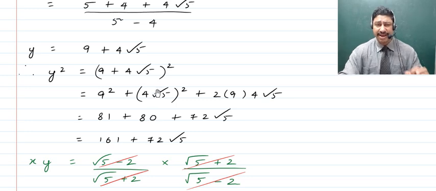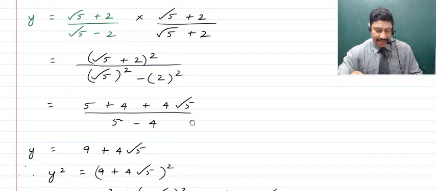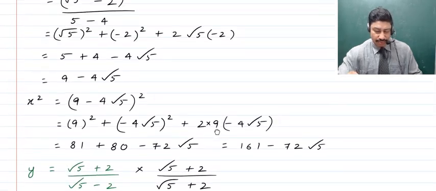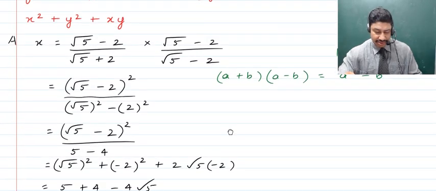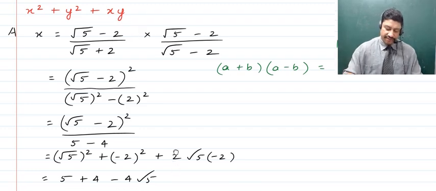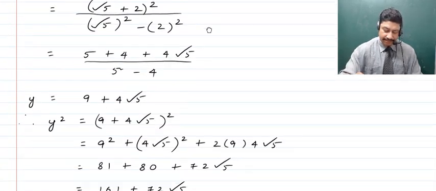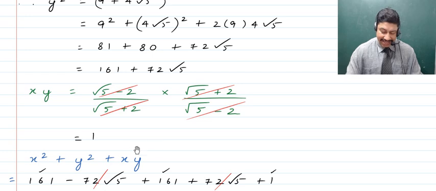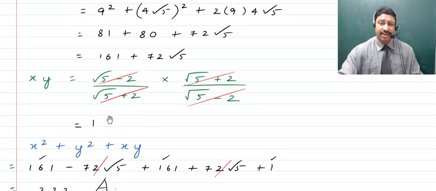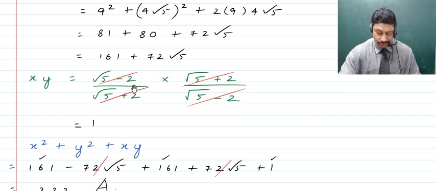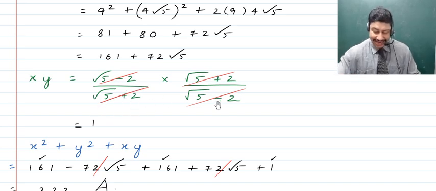Now children, we have the value of x square, we have the value of y square, we just require to find out the value of xy, right? As that is the third term which is to be added to the sum of these two that we've already found out. So if we talk about xy, we see that x and y are actually inverse of each other, as the first is root 5 minus 2 divided by root 5 plus 2, and the second is root 5 plus 2 divided by root 5 minus 2.